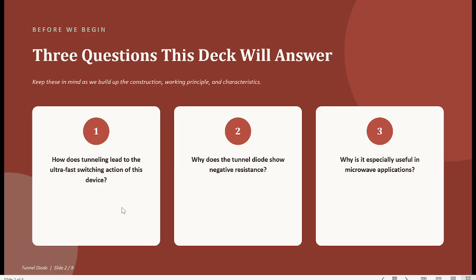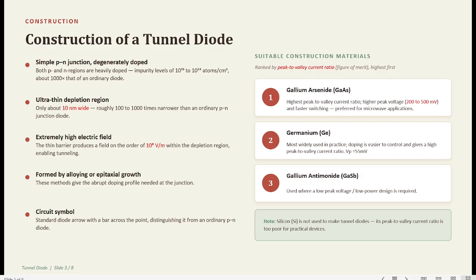How does tunneling lead to the ultra fast switching action of the device? The second question we may ask is, why does the tunnel diode show negative resistance? And the last is, why is it especially useful in microwave applications? During this lecture we will try to find out the answers to these questions.